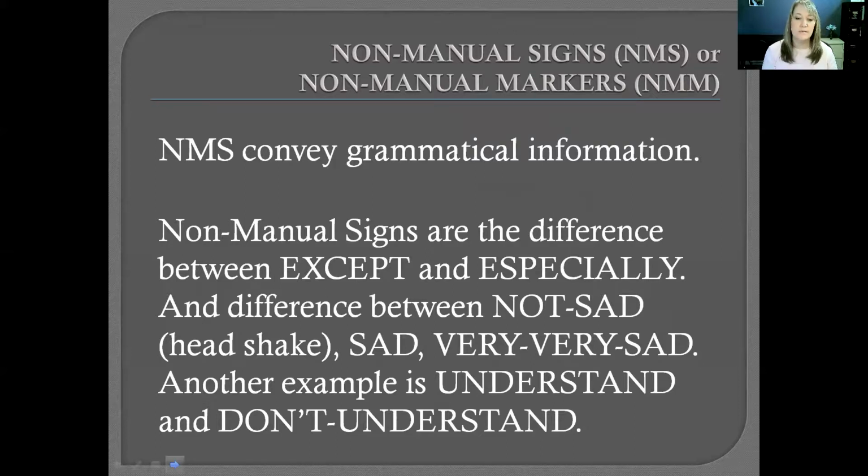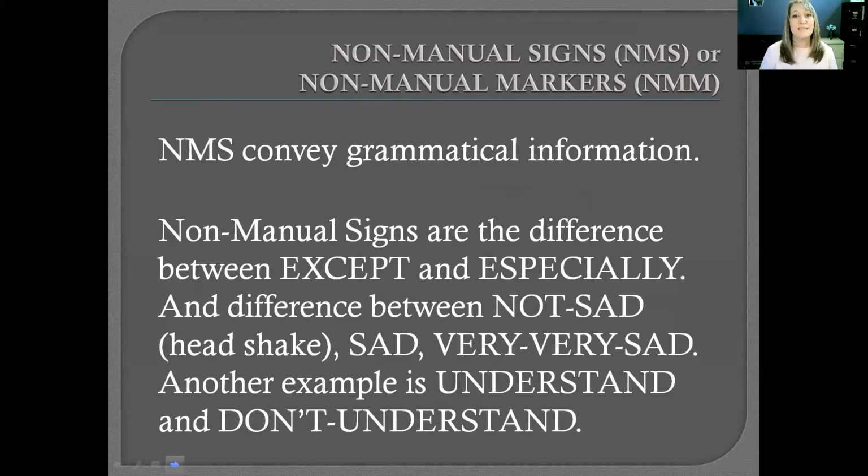Okay, so non-manual signs are the difference between except and especially. So watch this. The sign is exactly the same. If you're trying to sign except or especially, they're exactly the same. But if you think about it, those two words are basically complete opposites, right? If I say, I like ice cream except chocolate, that's completely different from saying, I like ice cream especially chocolate.